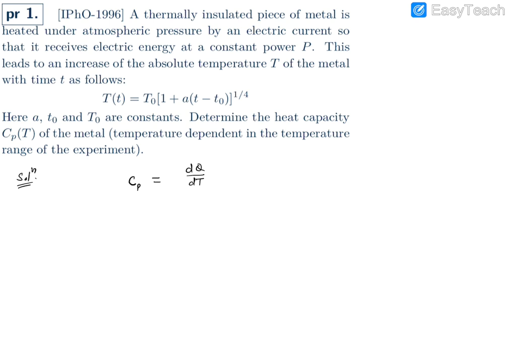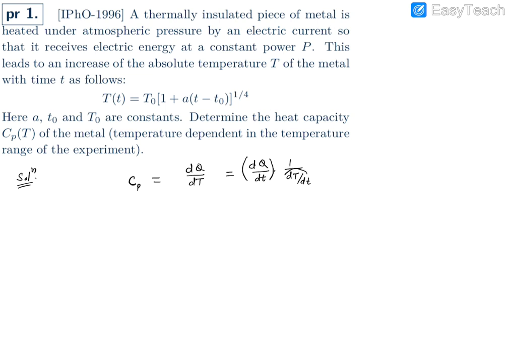Now you could rewrite this as dQ by dt into 1 upon dT by dt. So this first term is the rate of heat flow, which is given to us as this is constant power, so this is going to be power, which is a constant one.